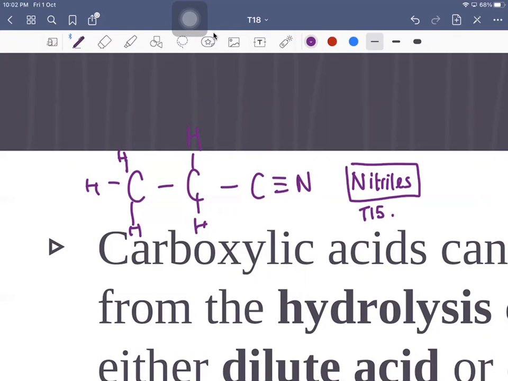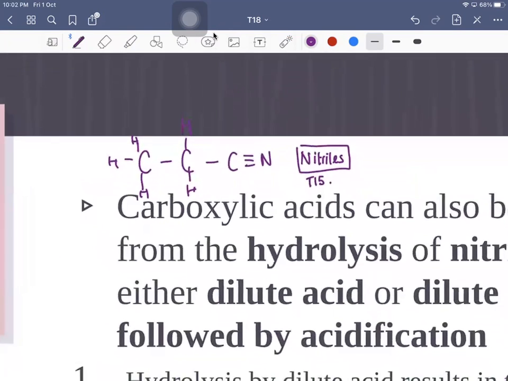Okay, so now nitriles are useful in a way that it adds on one carbon to your molecule. Okay, the carbon comes from the cyanide ions. Once it's added to your starting molecule, then you have an additional carbon.